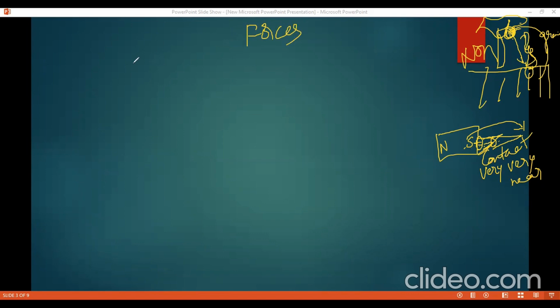The first is non-contact force, and the second one is contact force.